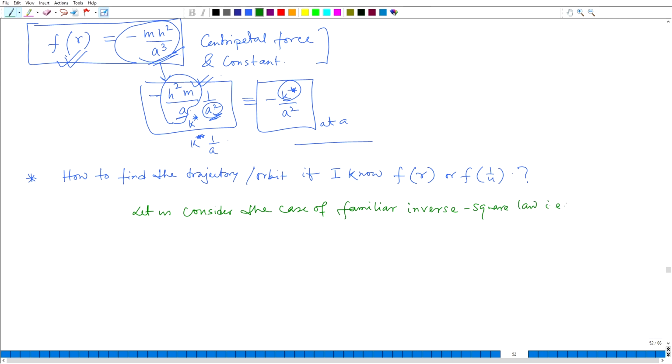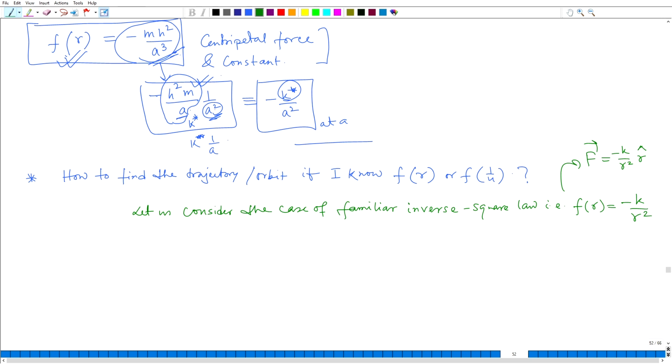That is, f of r is equal to minus k by r², and the whole force is actually minus k by r² r cap.